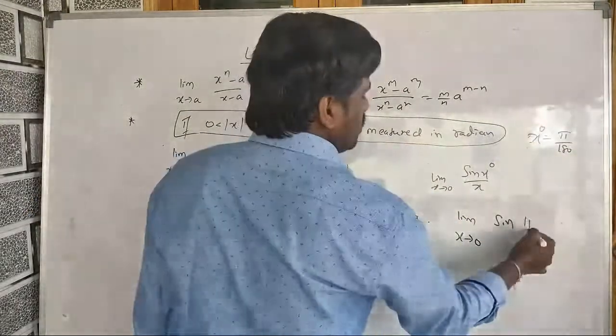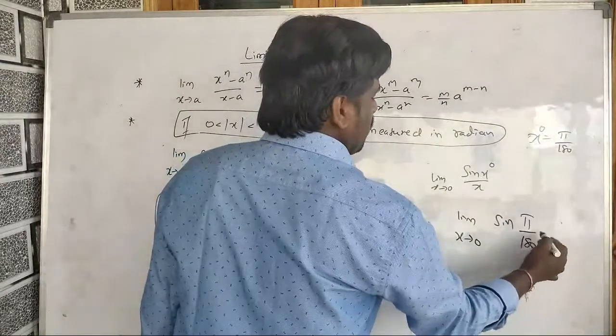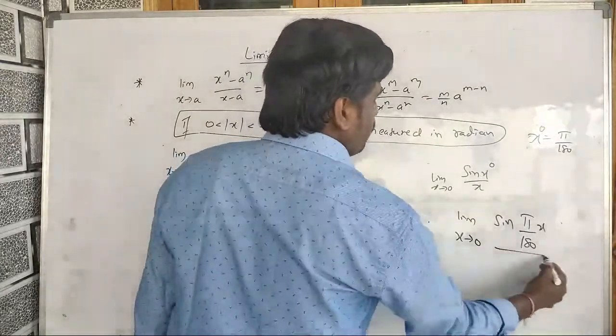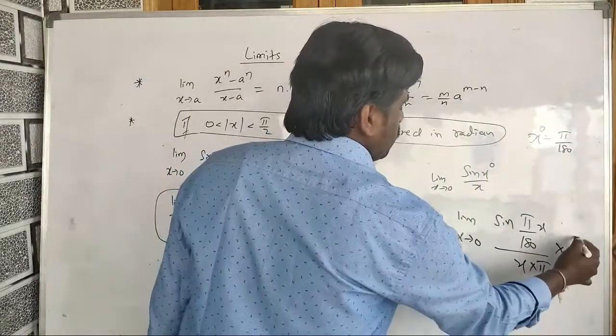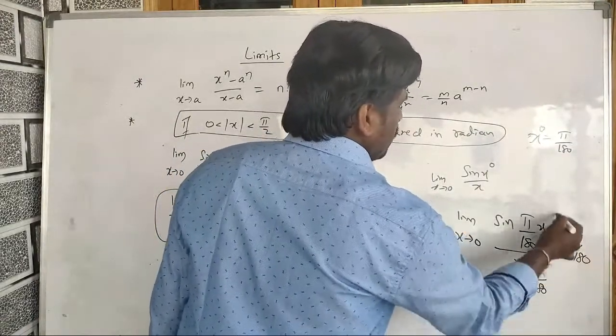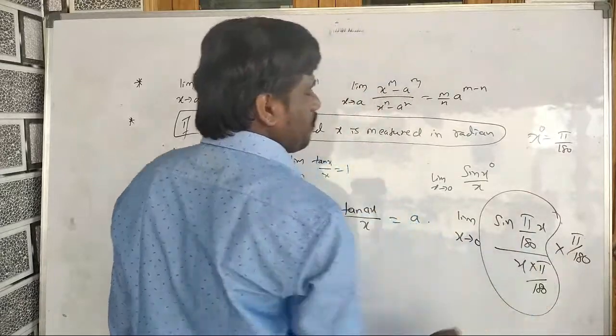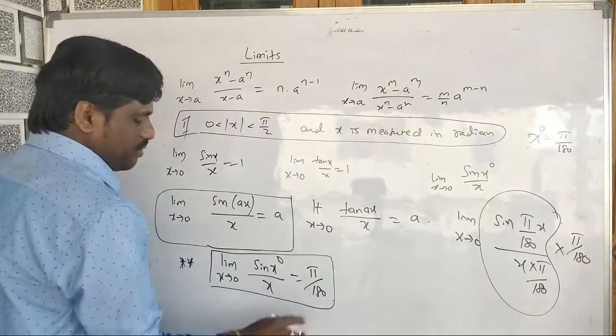So I can write it as pi x by 180 divided by x. You multiply and divide by pi by 180, this part is going to be 1 into pi by 180.